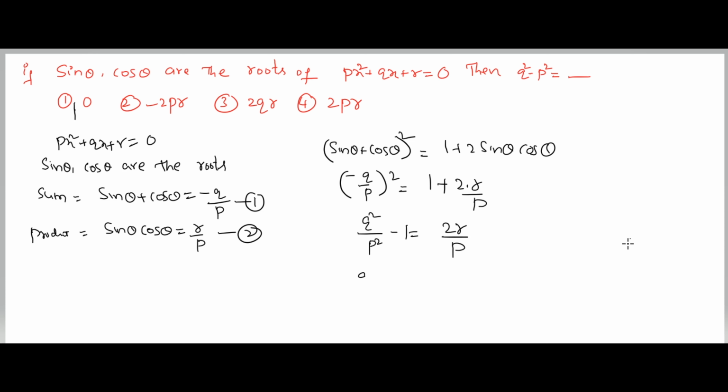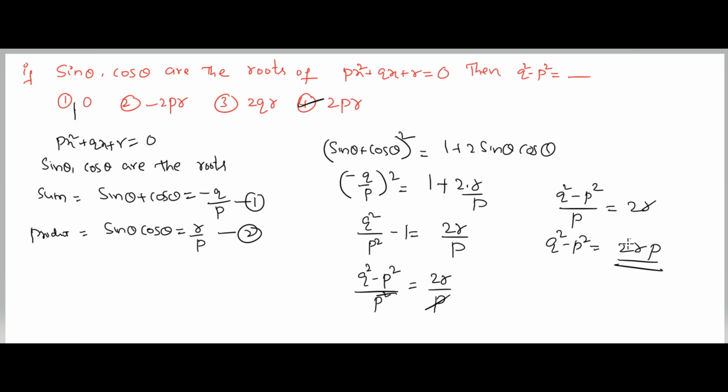So take LCM, that is q square minus p square by p square is equal to 2r by p. So one p cancelled on both sides, that is q square minus p square by p is equal to 2r. From this equation, q square minus p square is equal to 2rp. This is the answer. So the fourth option is the correct answer.